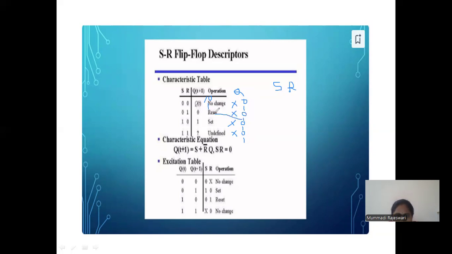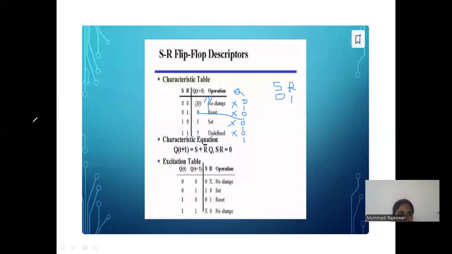This is the one condition and there are no other conditions. The mandatory inputs for Qn is 1 and Qn plus 1 is 0 are 0, 1. That is a reset condition. We are getting mandatory inputs of 0 and 1.